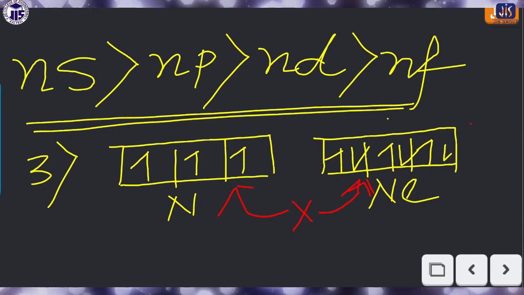When there is a chance of destabilization, obviously less energy comes out from the system, because in our universe there is no system which wants to destabilize itself, isn't it? If it is half filled, it is highly stabilized. If it is full filled, it is also highly stabilized. So there is no tendency to add one extra electron.